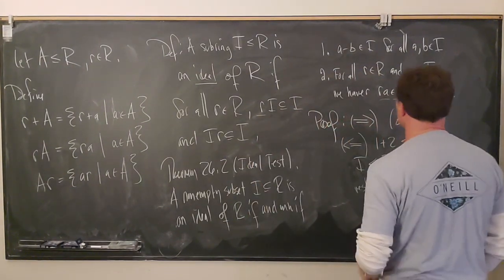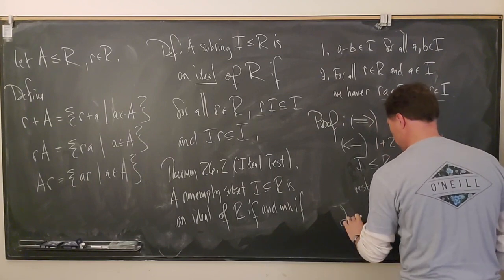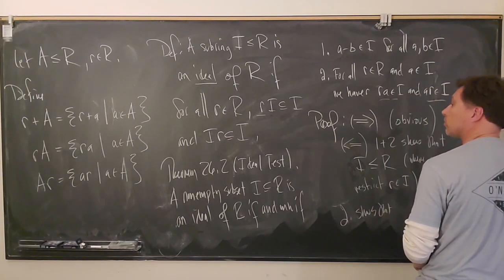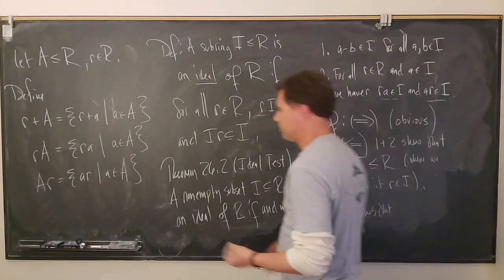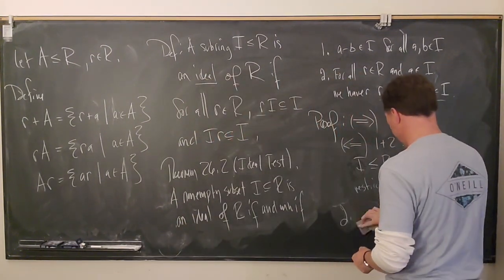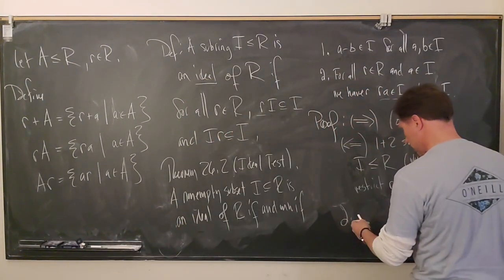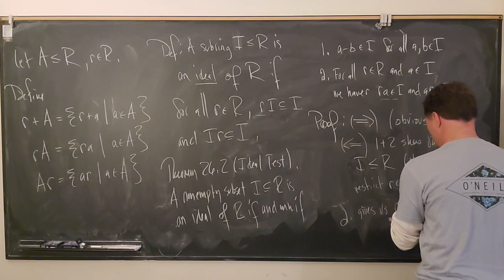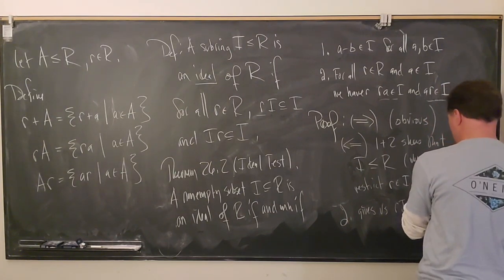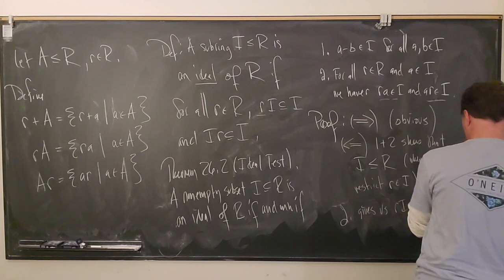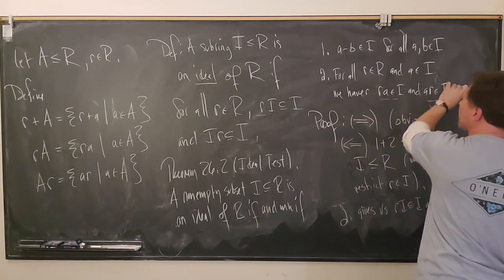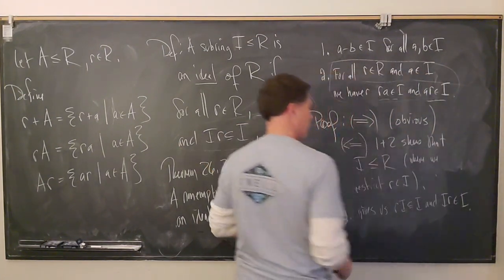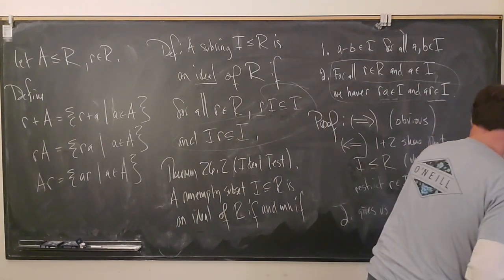So 2 gives us that r I is contained in I and I r is contained in I. This part right here is another way of saying that stuff right there. All right, so there's really nothing to prove in this case.